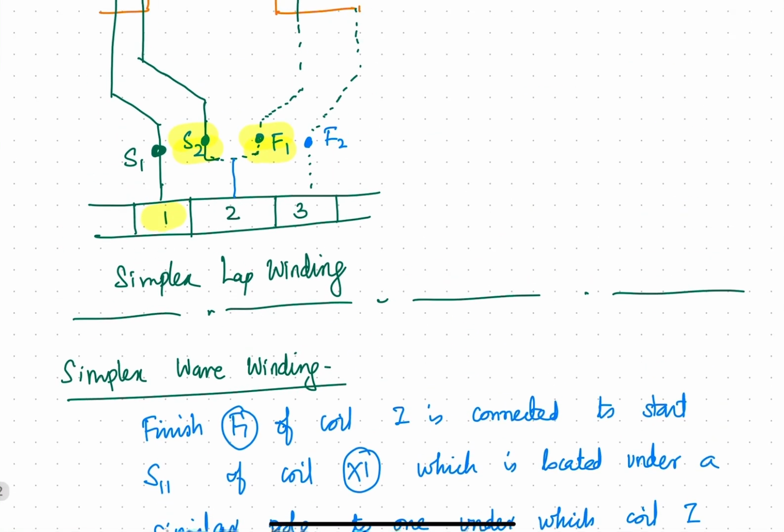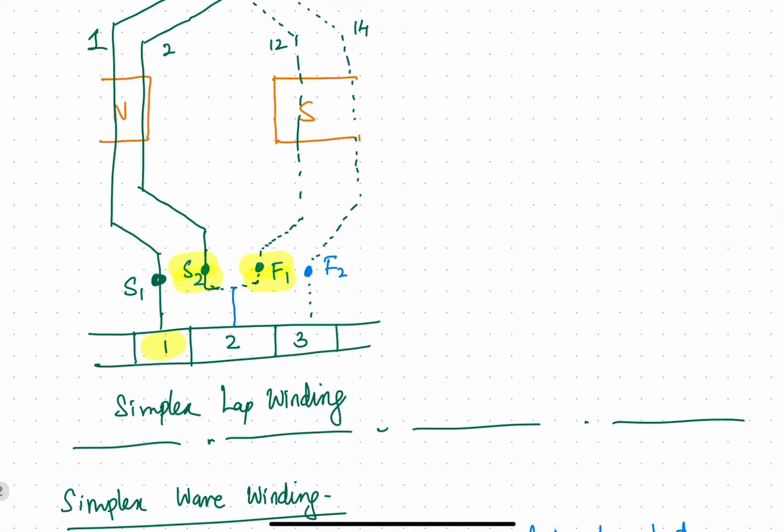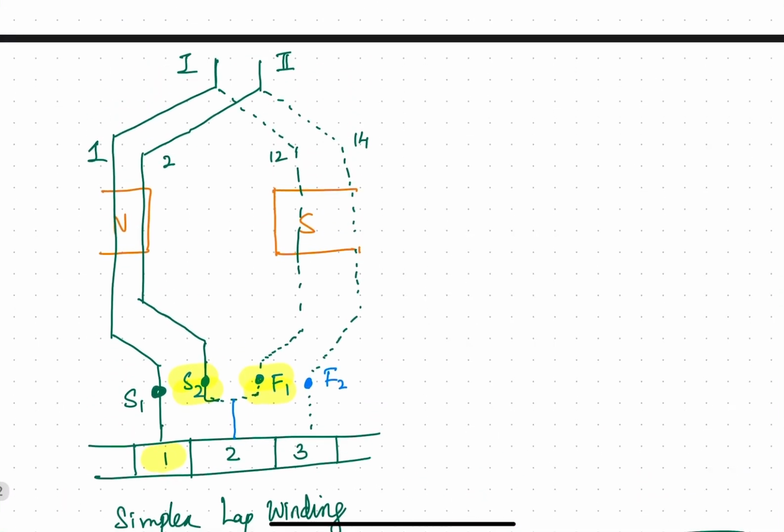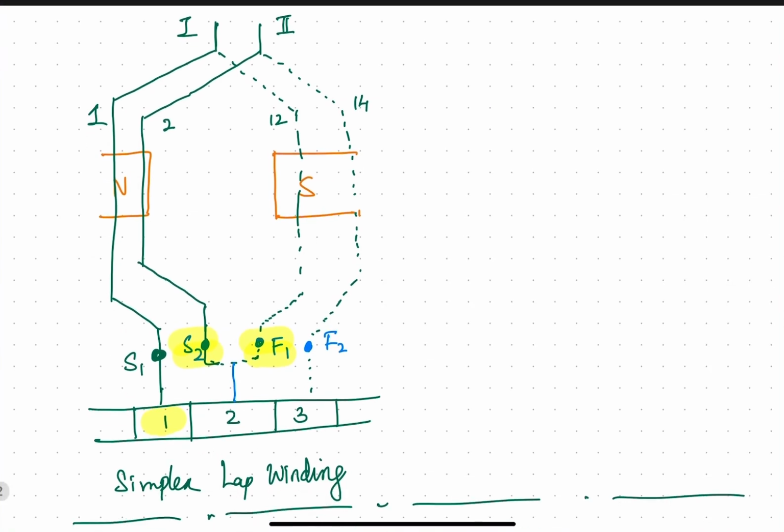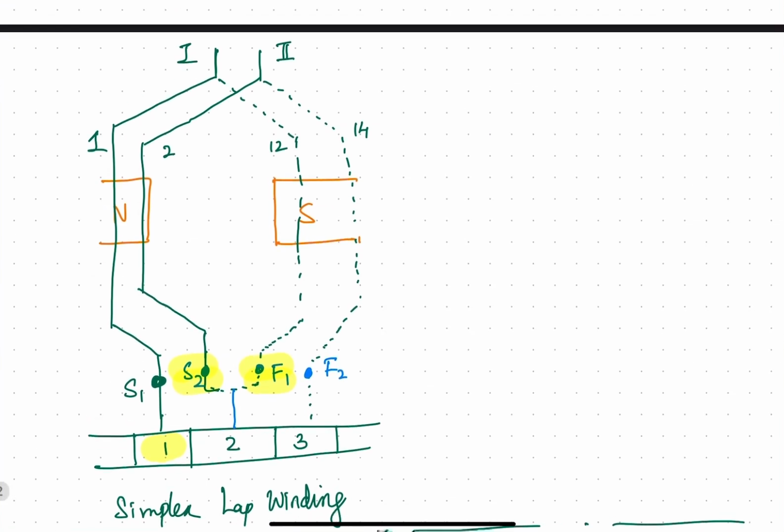So if you see in the simplex lap winding, what happened? The S2 started at the same pole, like you see here. S2 started, the coil goes through the same pole at which the first winding was connected. But in case of the simplex wave winding, it's a bit different. It is at a different location, but it's under the same polarity. So let me show you this by means of a diagram here.